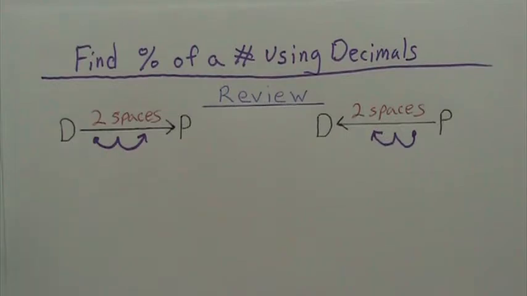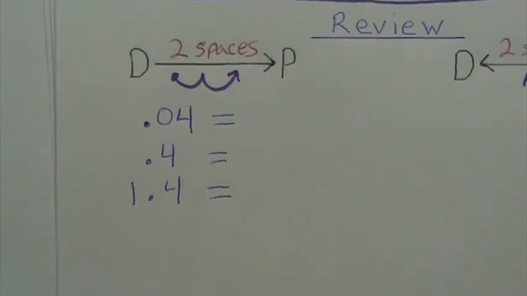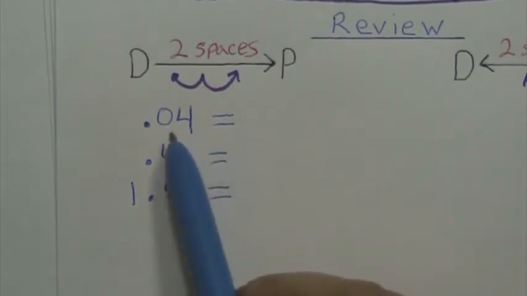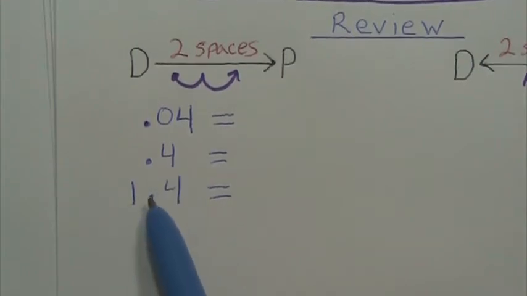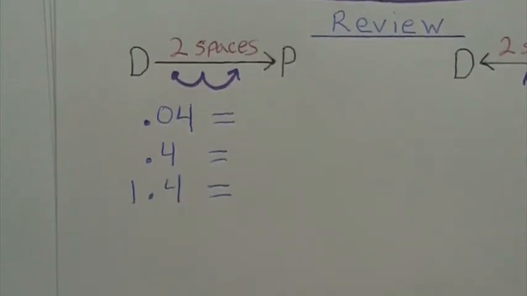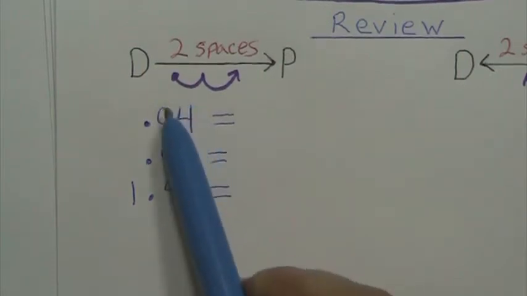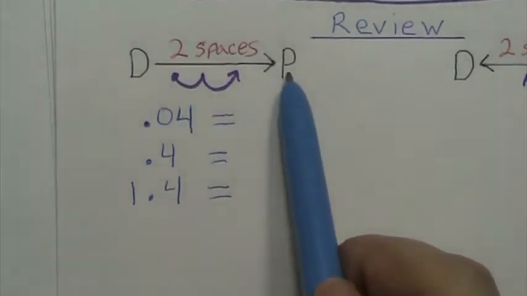Let's do a couple of examples. Okay, we'll do 3 examples: 0.04, 0.4, and 1.4. You want to change them from a decimal to a percent.